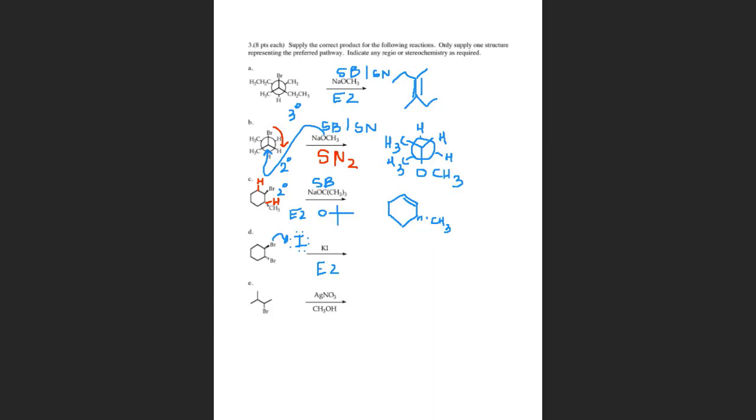And then the electrons that are holding the bromine into the molecule are going to drop down, and bromines are pretty good leaving groups on their own, right? So this is going to be kicked out, and it's going to leave by itself. So then what you're going to have is a product where both the bromines are gone, and there's going to be a double bond right here.